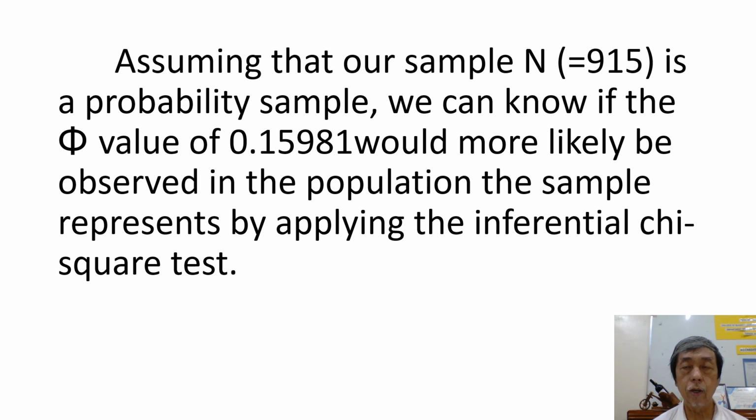Assuming that our sample size of 915 is a probability sample, we can now know if the phi value of 0.15981 from our sample would more likely be observed in the population the sample represents by applying the chi-square test.